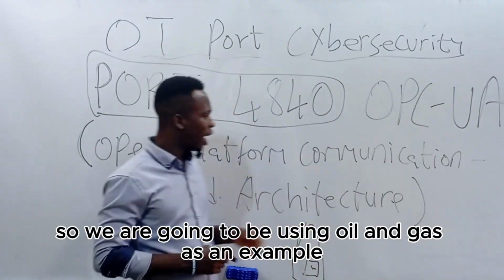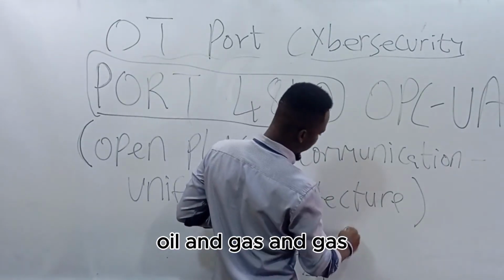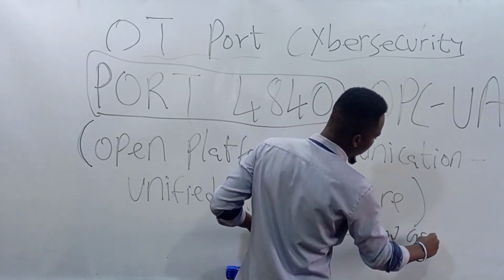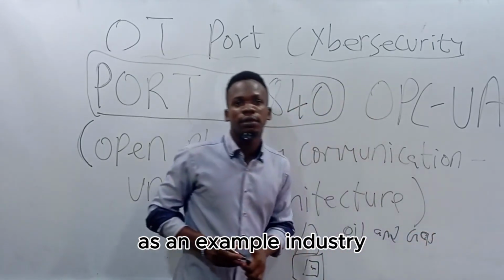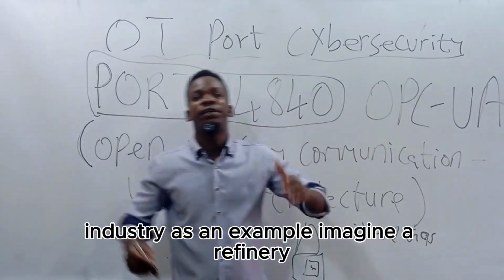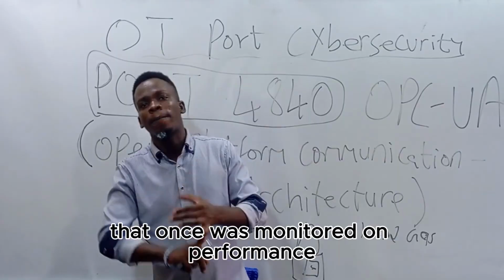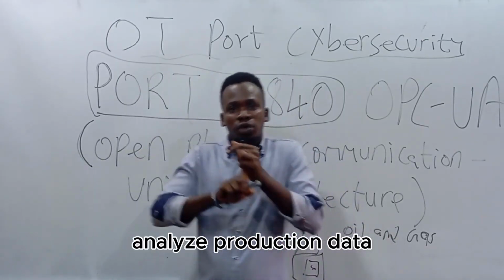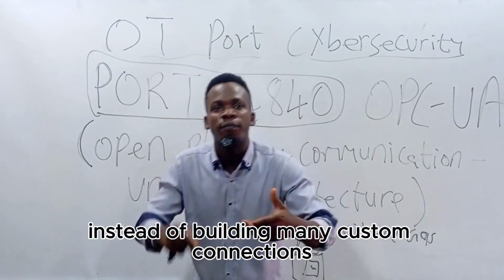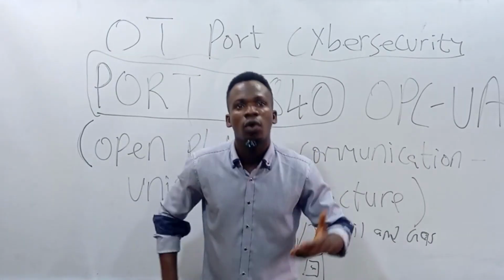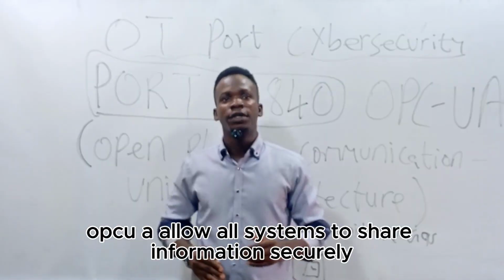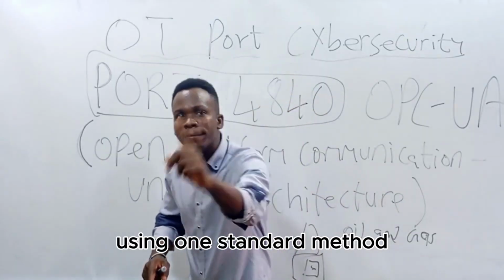We are going to be using the oil and gas industry as an example. Imagine a refinery that wants to monitor pump performance, analyze production data, and send information to a central analytics system. Instead of building many custom connections, OPC UA allows all systems to share information securely using one standard method.